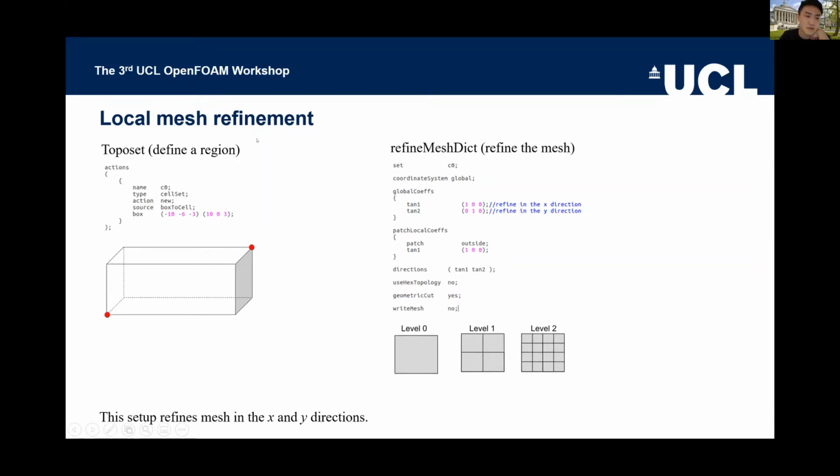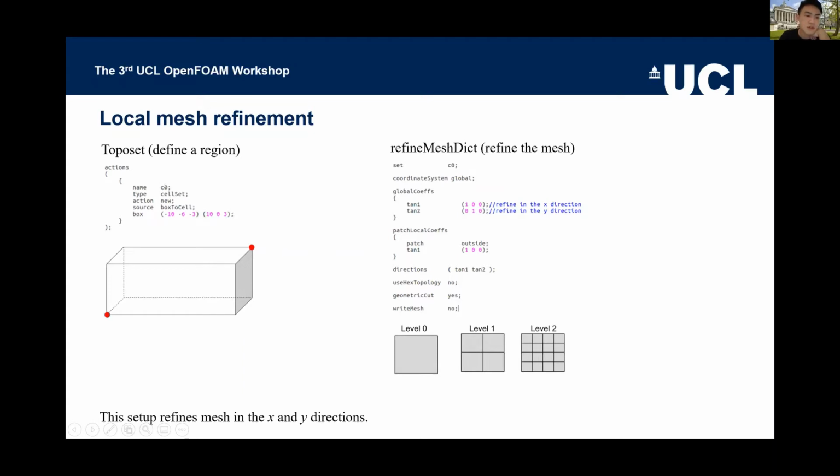For this local mesh refinement, if you check the tutorial file, you will see a topoSet, which defines a region. The action is cellSet, set to 0, and it defines a box from 2 points, this point here and this point here. When we have these 2 points, we can define a box. This figure clearly shows how the box is defined.